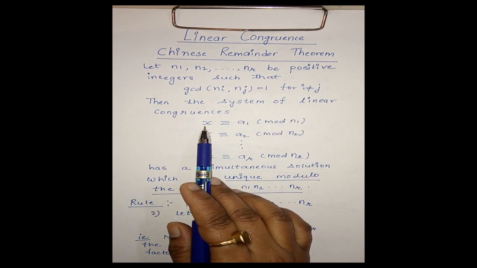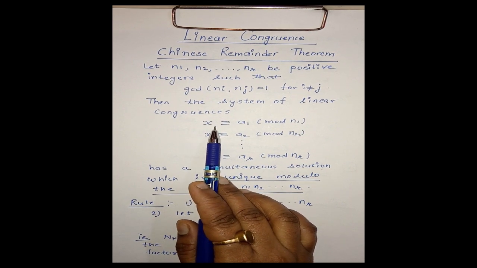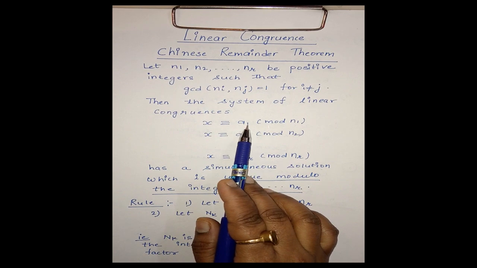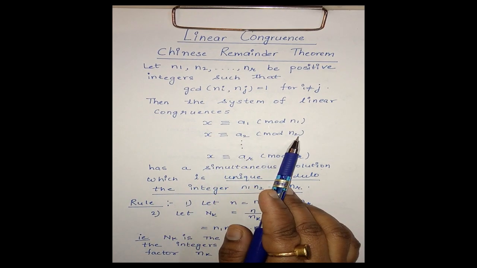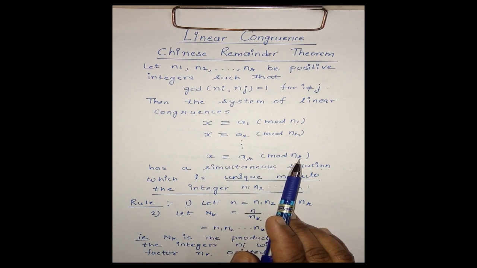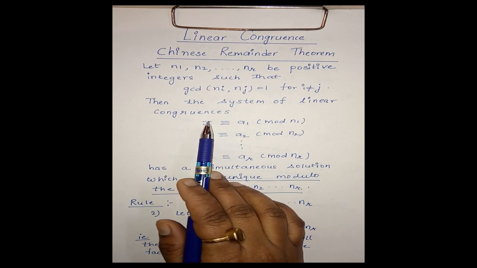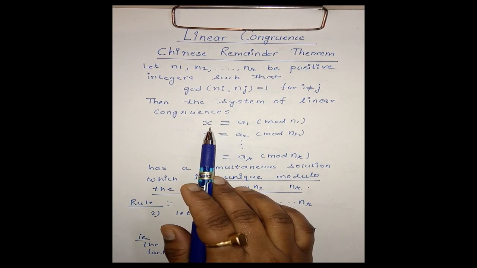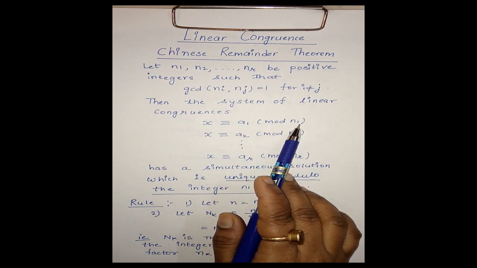Here we have to find the smallest positive integer x such that it gives remainder a1 when divided by n1, remainder a2 when divided by n2, and remainder ar when divided by nr.